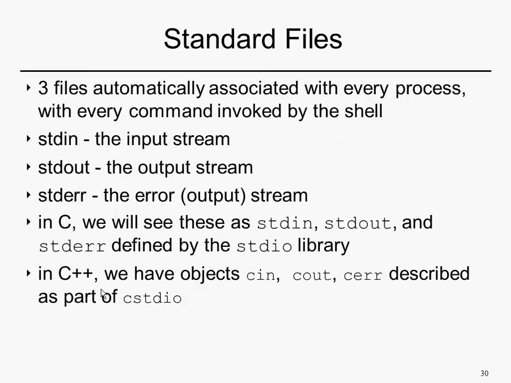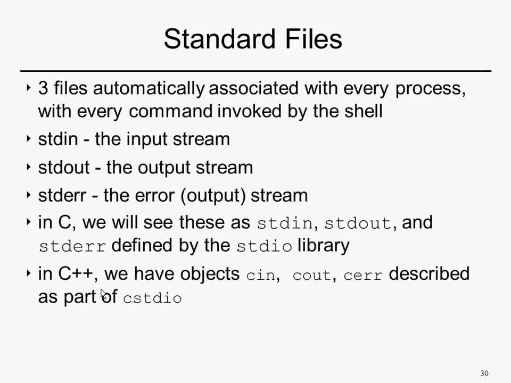Okay. Three of these are associated with every process that runs. So when we run a command, it automatically has access to the standard input, to the standard output, and to standard error. We talked about those last time. Standard input is where it gets its information from. Maybe it's from a pipe.